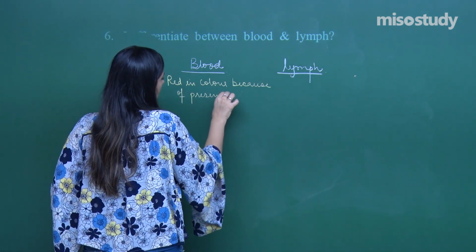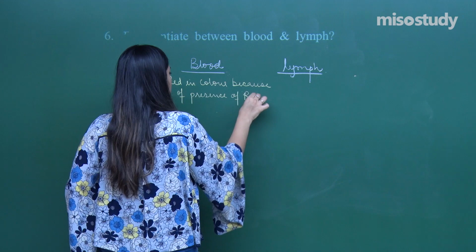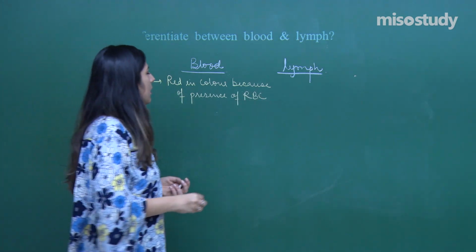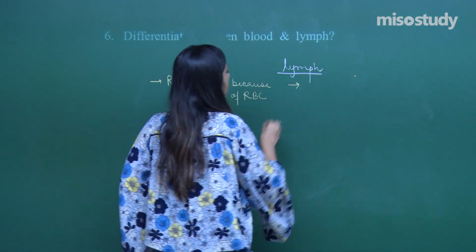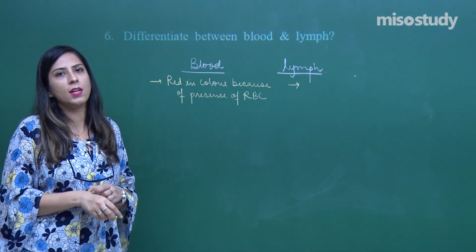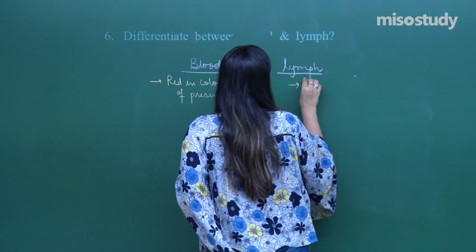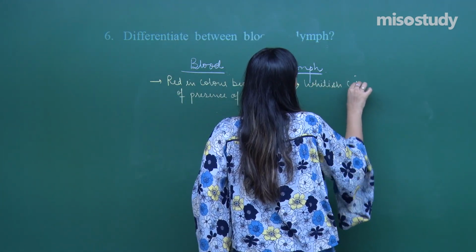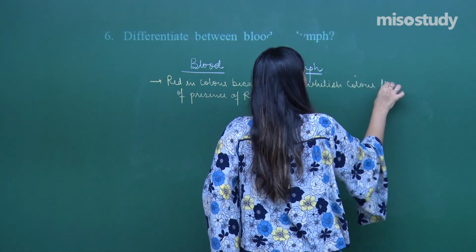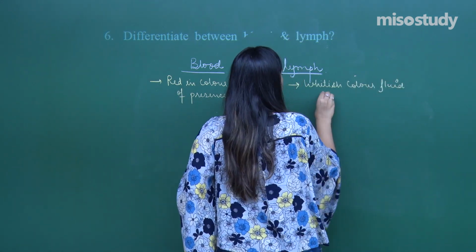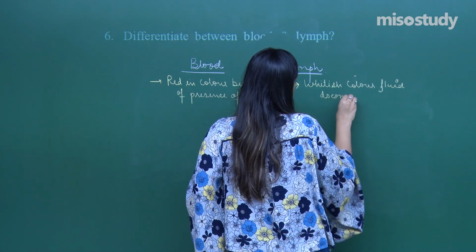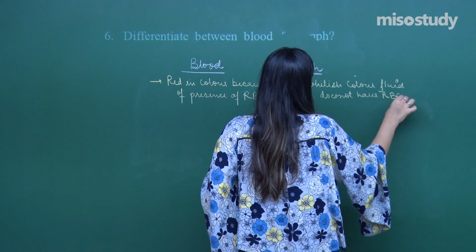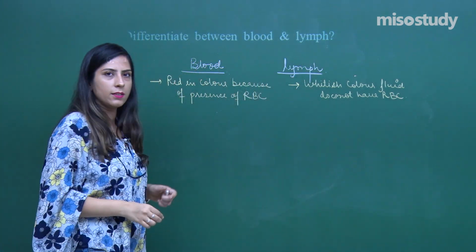Red in color because of the presence of RBC. And what is RBC? That is red blood cells. Whereas what is lymph? Lymph is a whitish colored fluid that doesn't have red blood cells, right?